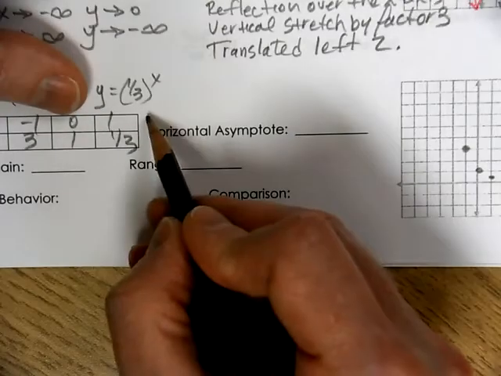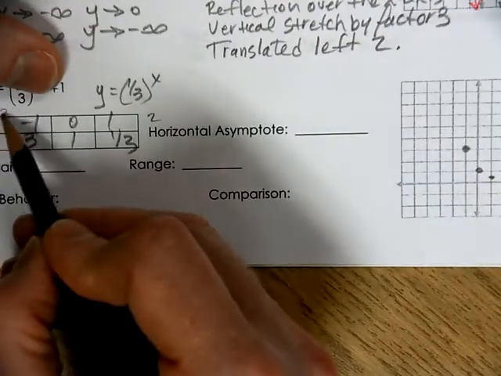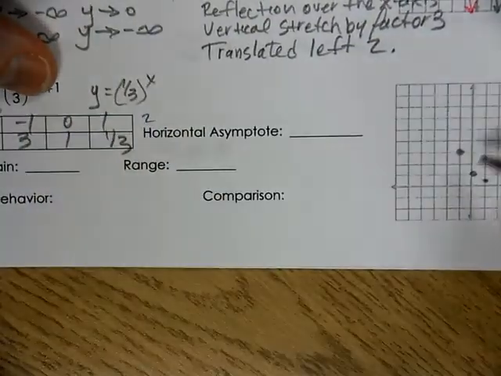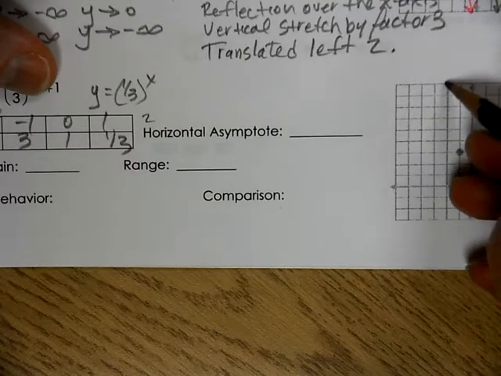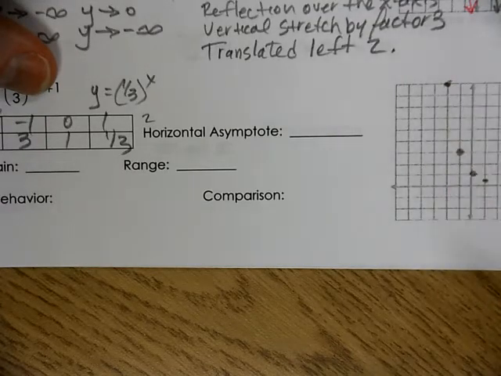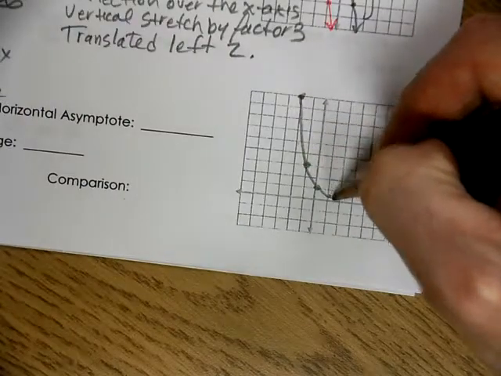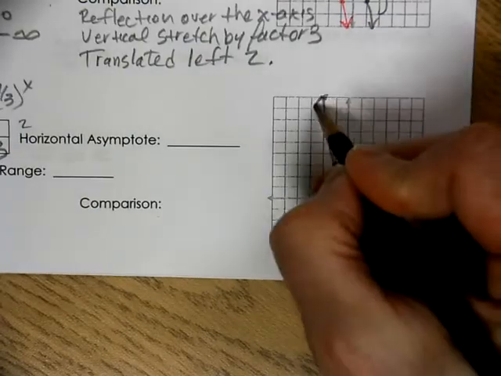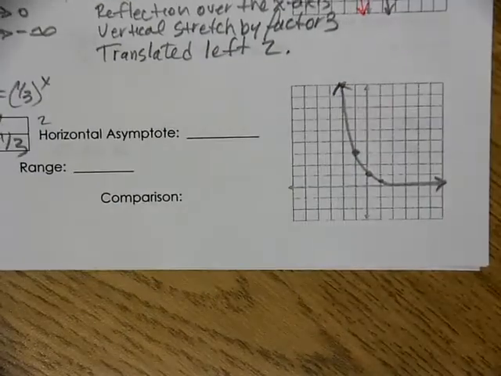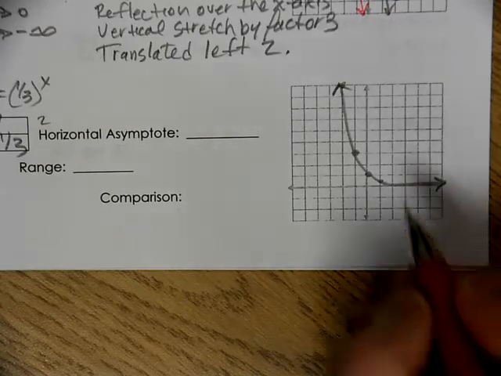And if you just want to play with 2 also, 2 would be 1/9, but -2 would be 9. 1, 2, 3, 4, 5, 6, 7, 8, 9. So that just gives us a good idea of where we should be crossing, more accurate. So now we're going to translate this to the right 2 and up 1.